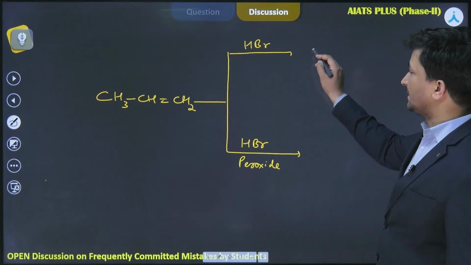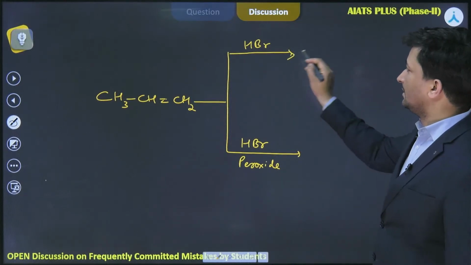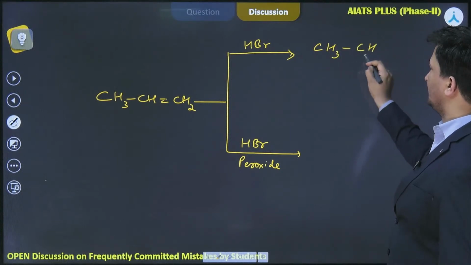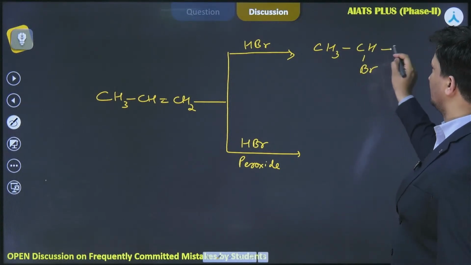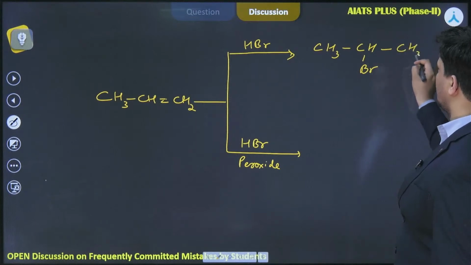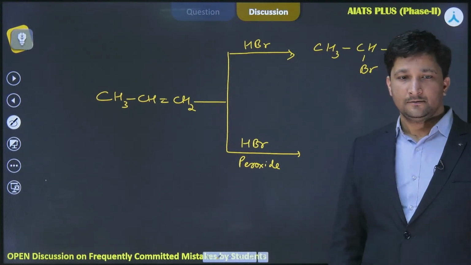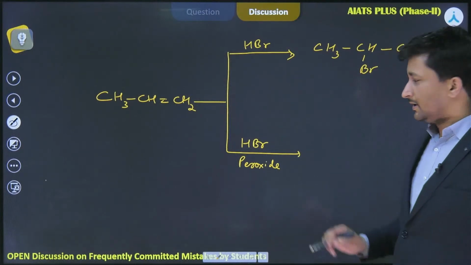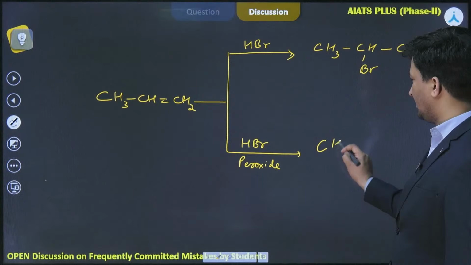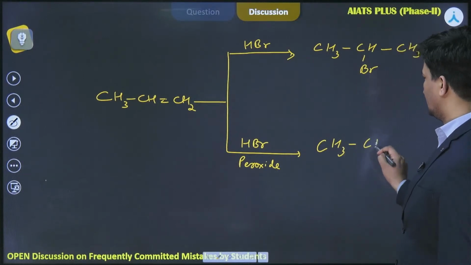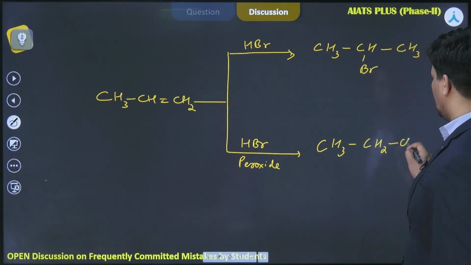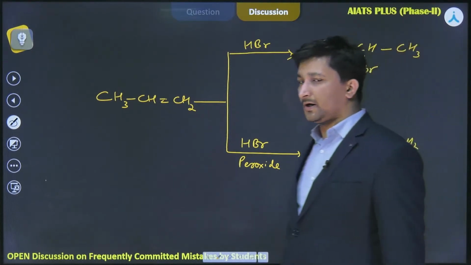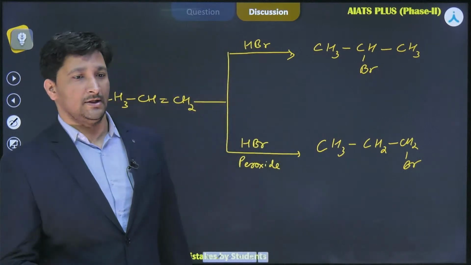In this case, Markovnikov addition will follow, due to which the major product will be CH3, CH, Br, single bond, CH3. Okay, but in the other case, because of peroxide, the free radical mechanism will follow, and the anti-Markovnikov product will be obtained, CH3, CH2, CH2, and Br is also here. So this will be the product obtained. So they are totally inverse.